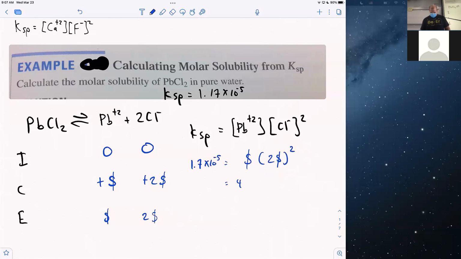So this equals 4 solubility cubed, or 1.7 times 10 to the minus 5 over 4 is solubility cubed, or the cube root is equal to solubility. And what is that?